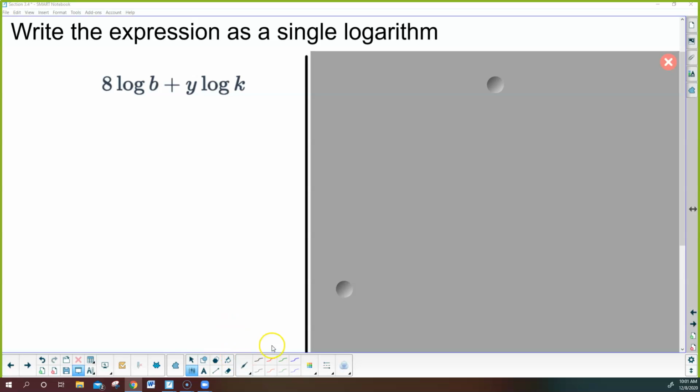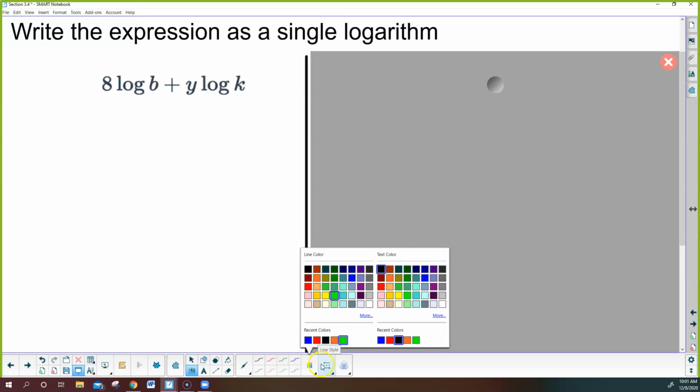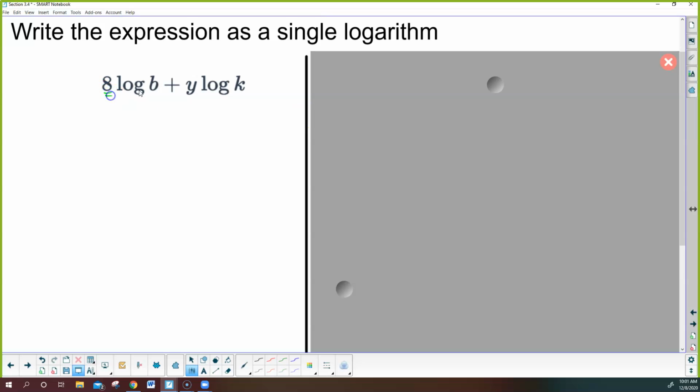Okay, so let's take a look. This is the way I would think of it. We've got two constants, right? Those constants need to go back into the log function and they become exponents.